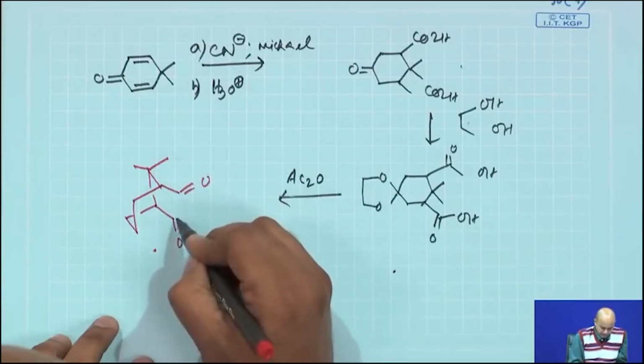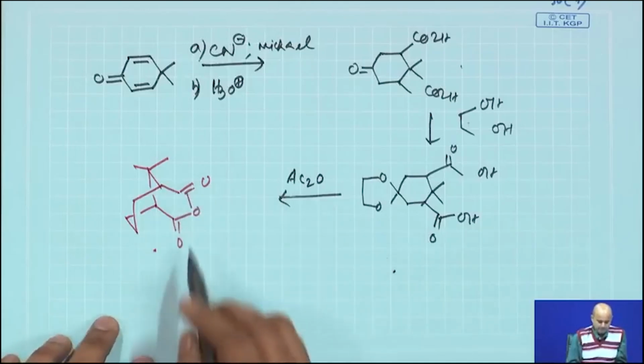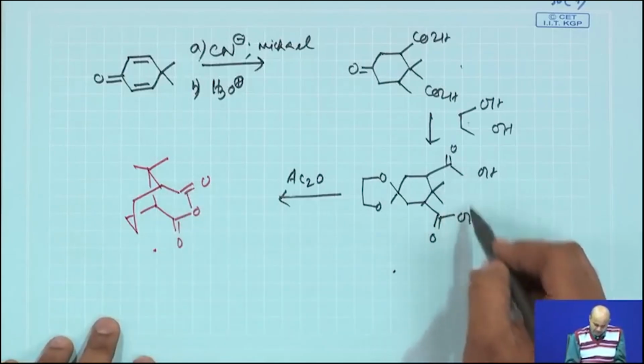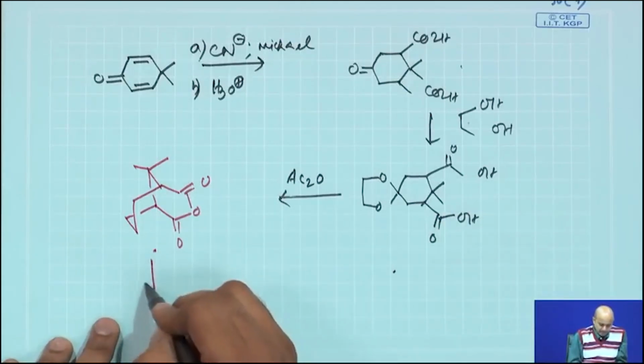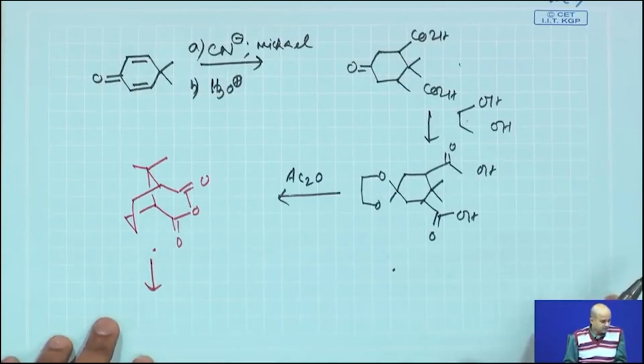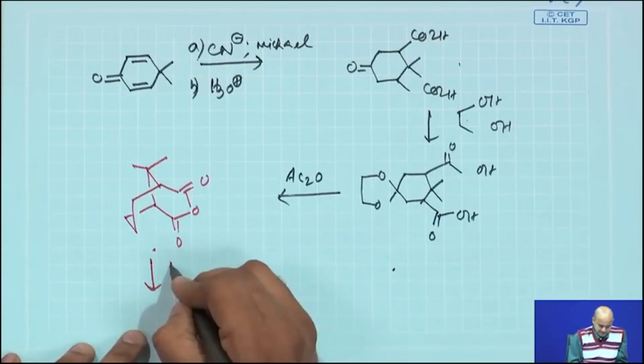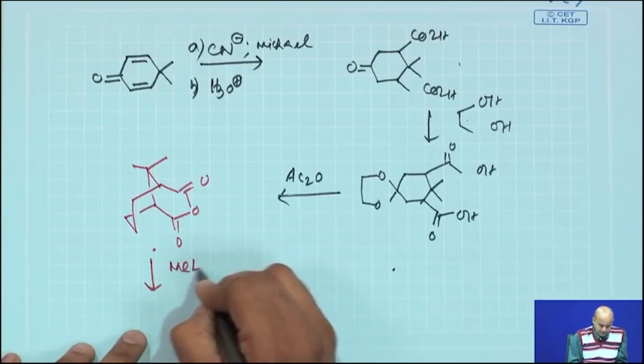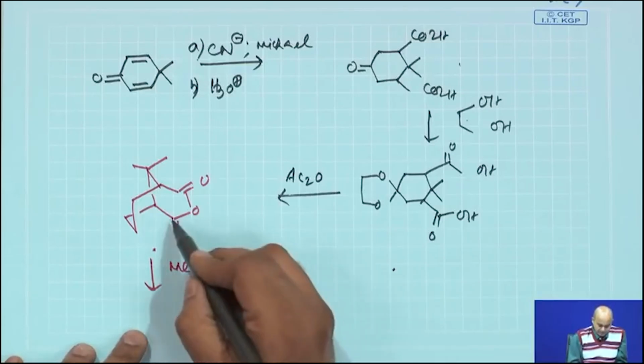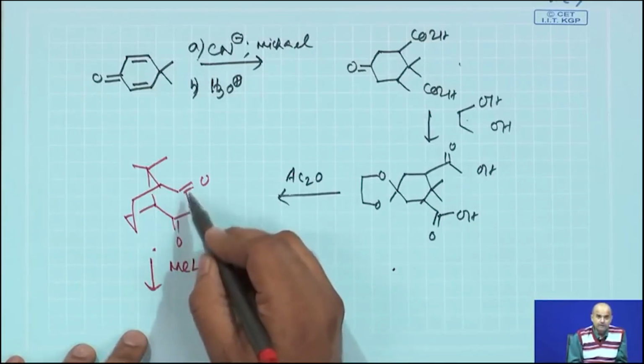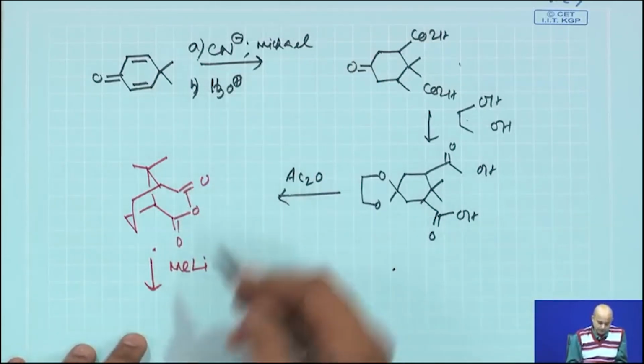So, this is the anhydride you will get by this reaction. Now, anhydrides are basically cyclic esters. So, next I will react this compound with methyl lithium, because you need to make the corresponding diketone as the retrosynthesis demands.